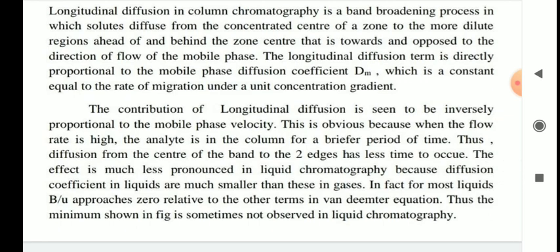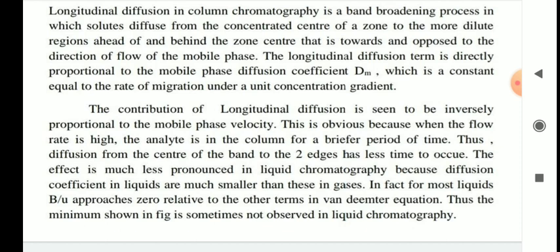The diffusion coefficient of gases is much higher if you are using gas samples. Now B by U for liquids is almost zero in the Van Deemter equation because B is practically zero.